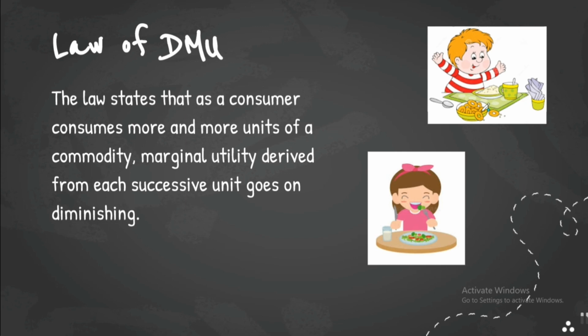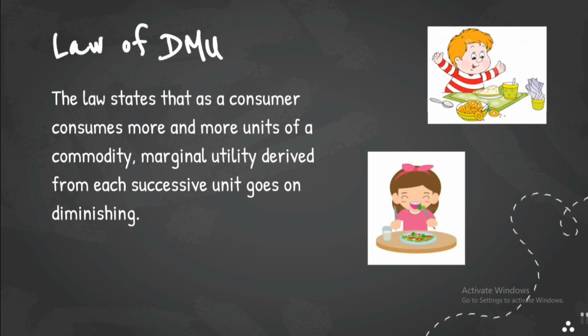For the first unit, you will be having some 50 units of utility. If I give you a second one, you got some level of satisfaction in the first unit itself, okay? But you still have the second one. But the utility you derive from the second one will not be the same as the first one, right?